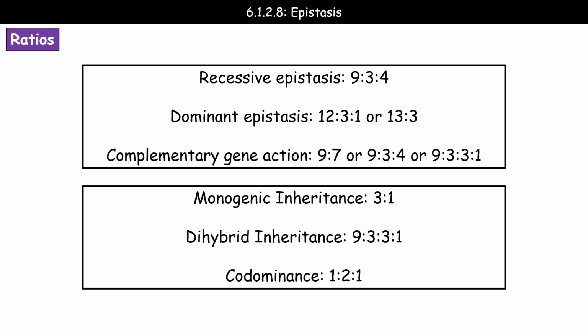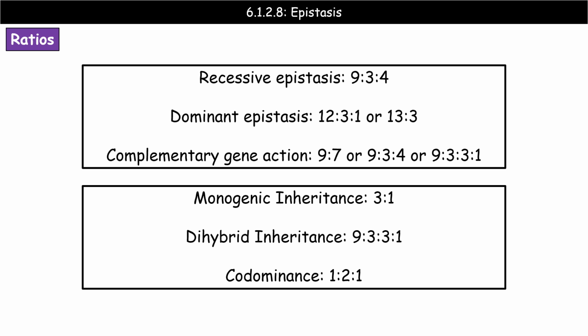So what we've done today is at the top: recessive epistasis, a 9-3-4 ratio. Dominant epistasis, 2 different ways we could see that expressed, 12-3-1 or 13-3. And then we've got complementary gene action, which actually has 3 different potential ratios: 9-7, 9-3-4 or 9-3-3-1. So those are our different epistatic ratios.